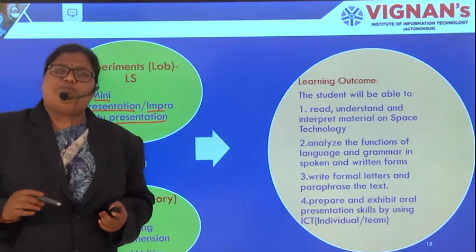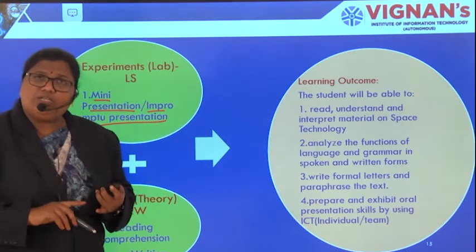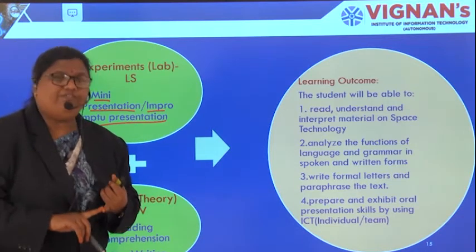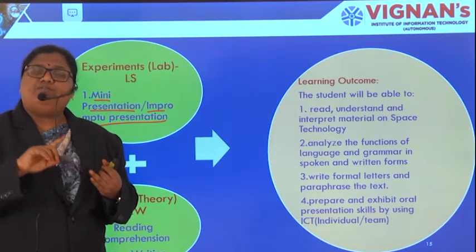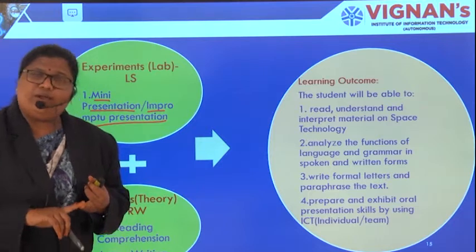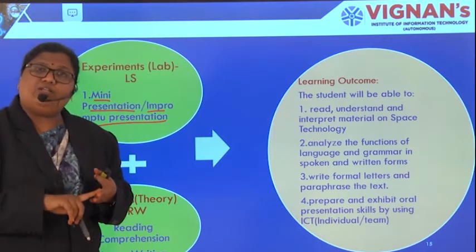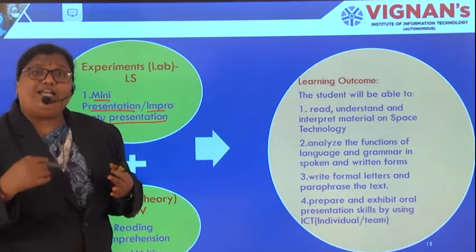So what is meant by impromptu presentation? In the first unit you gave your individual presentation, telling about yourself, and then you listened to an audio and took notes from it, and then you worked on interactions, that means dialogues.